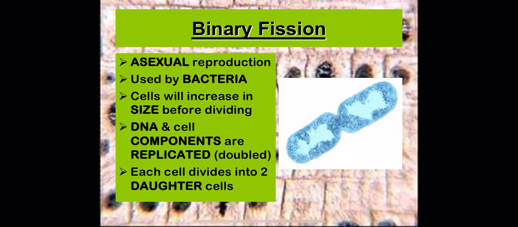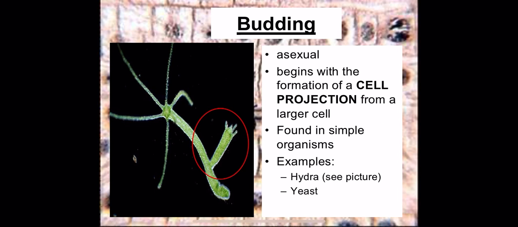So identical cytoplasm, identical organelles, cell membrane, you're going to want to have the DNA, all of that stuff there. It's going to be a perfect replica of the parent cell, the original cell. So you're going to go ahead and double that DNA, double the components that are there, and then create those two cells.